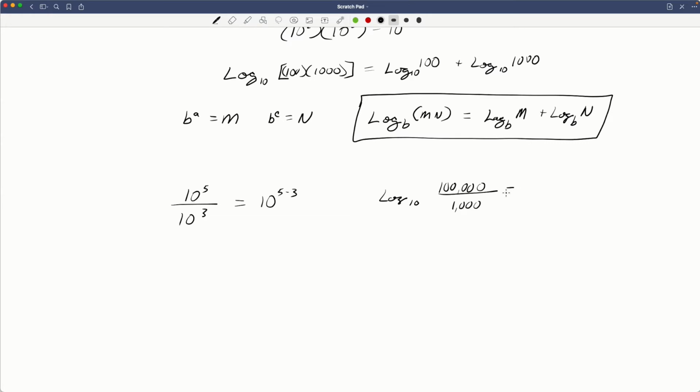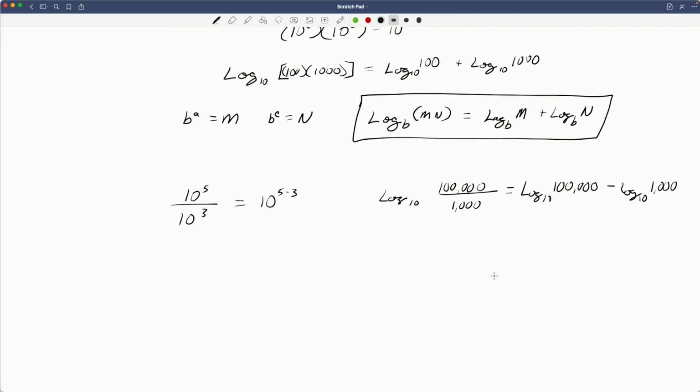And that would equal the log with a base 10 of 100,000 minus the log of 1,000 to the base 10. It's the same thing we did here. We're just writing the exponent as a logarithm, because that's all a logarithm is. It's just the exponent. So the exponent of 5 minus the exponent of 3 to the base 10.